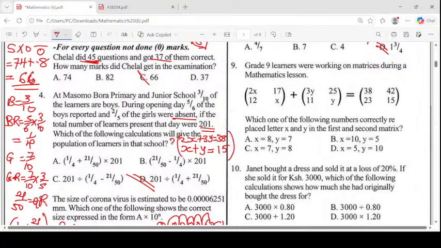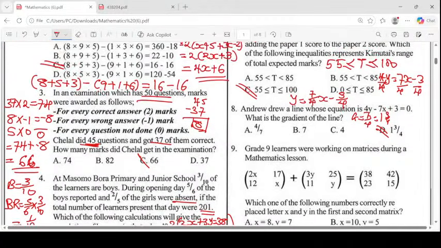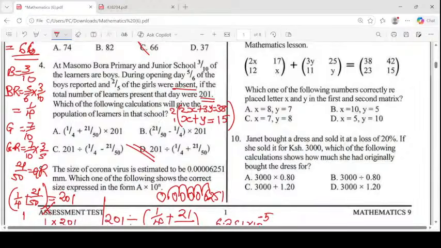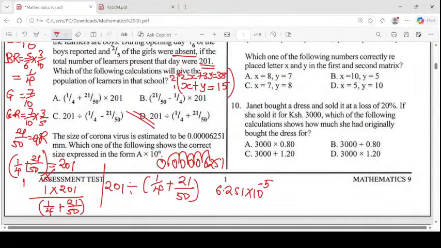I want to eliminate x. So the first equation I'll multiply by 1, the lower equation by 2.